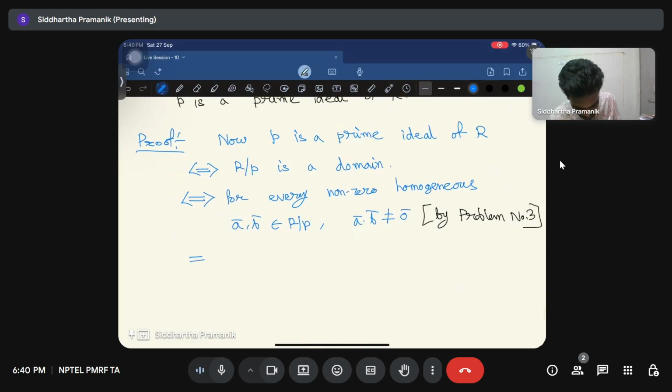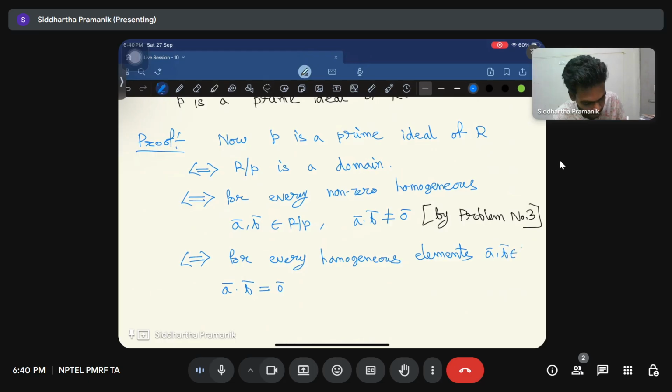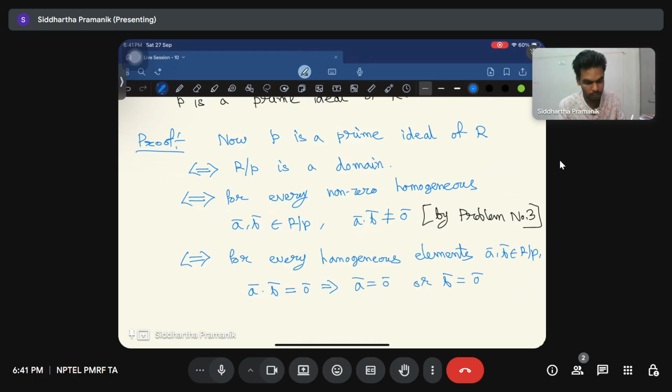And if we translate this condition, for every homogeneous element A bar, B bar belonging to R mod P, A bar times B bar equals 0 bar will imply A bar is 0 bar or B bar is 0 bar, right?